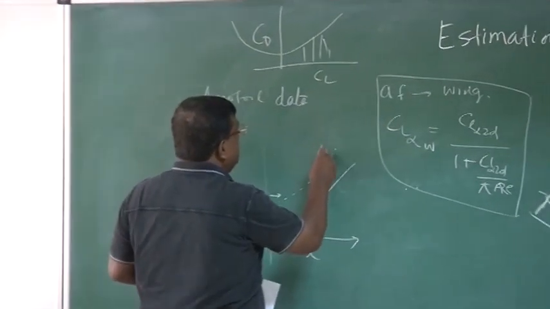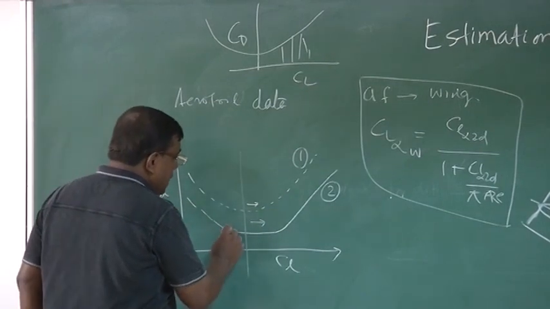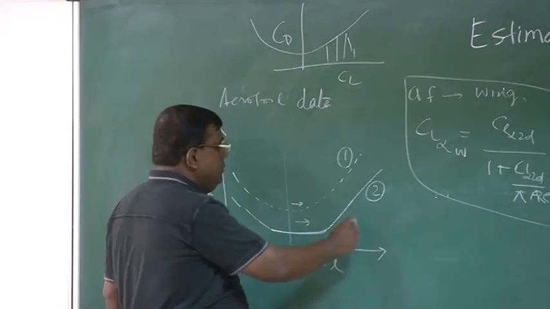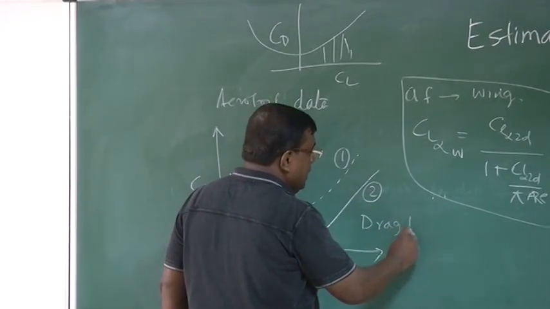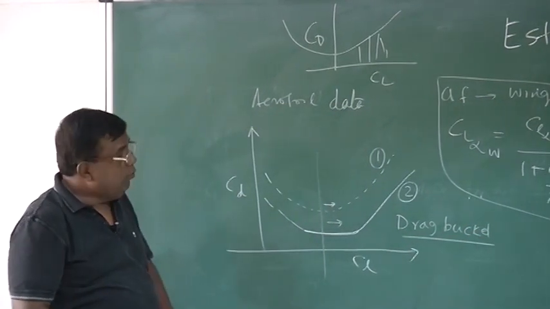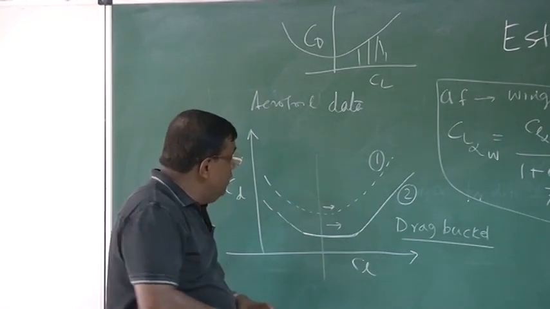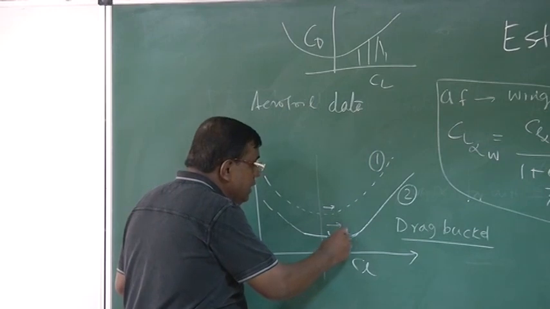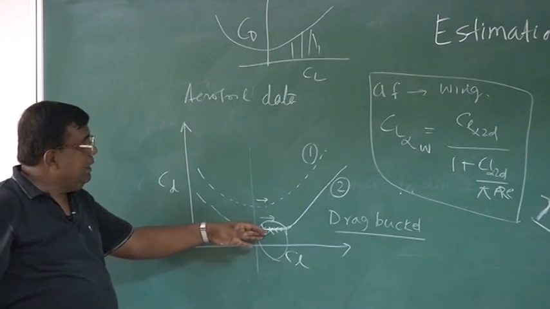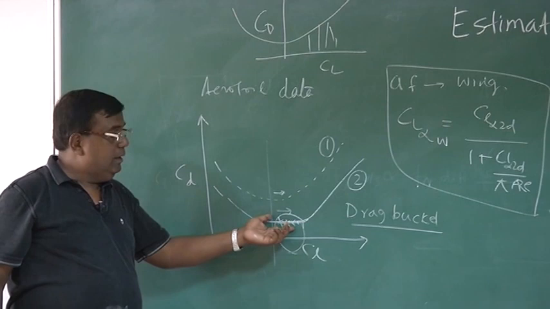This is one. Second part, you will see some aerofoil data where CD versus CL has a bucket type shape. We call it drag bucket. What is the significance or importance of the drag bucket, or how can I use this? If I am flying the machine at CL close to this drag bucket zone, then there is hardly any increase in CD because of CL.